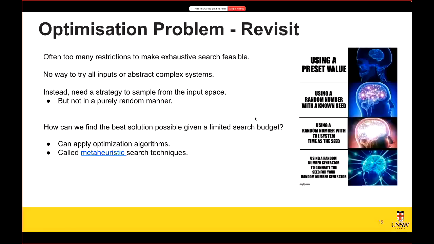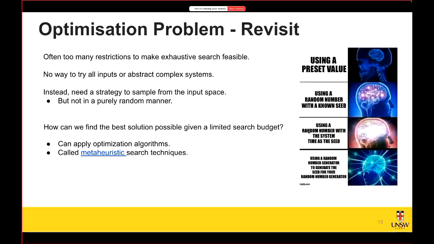So if we compare it with the usage of some random value, it's like this. The most naive way of using some seed value is to use a fixed seed value for doing something. A better solution is we can use a random number with a known seed and add some parameters.